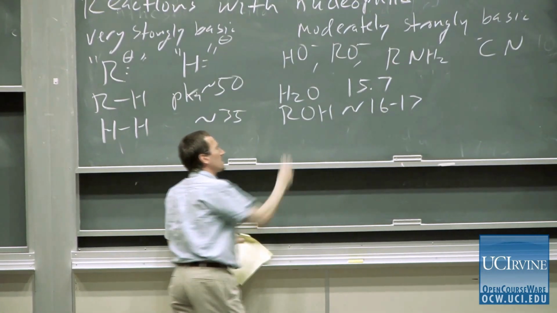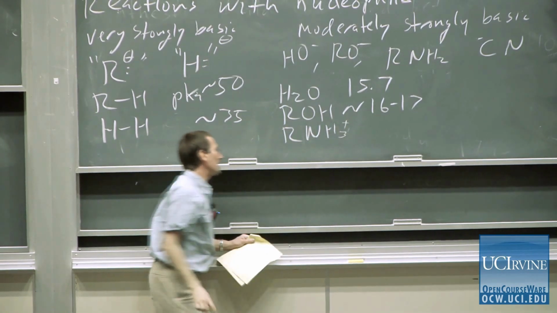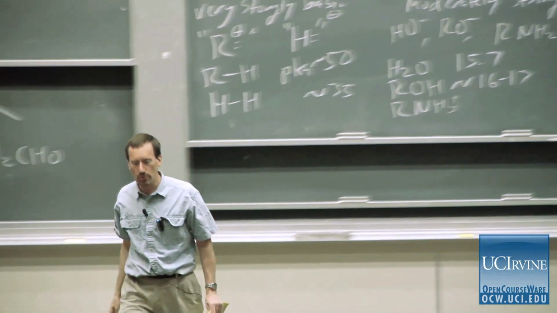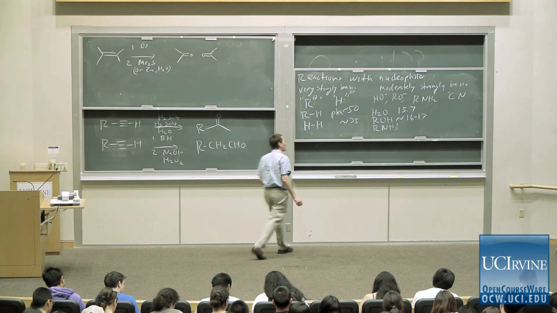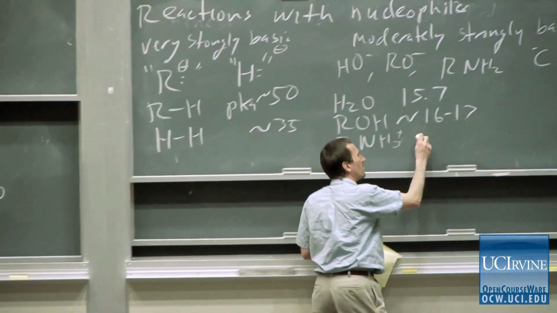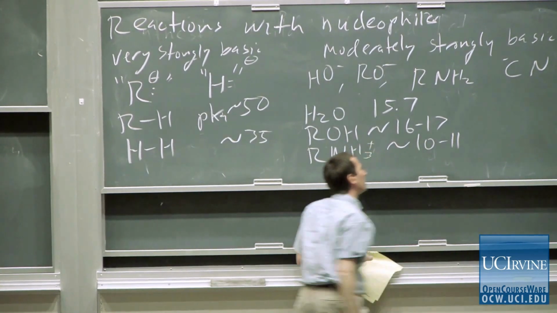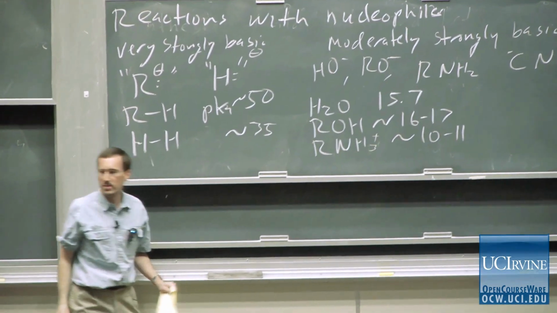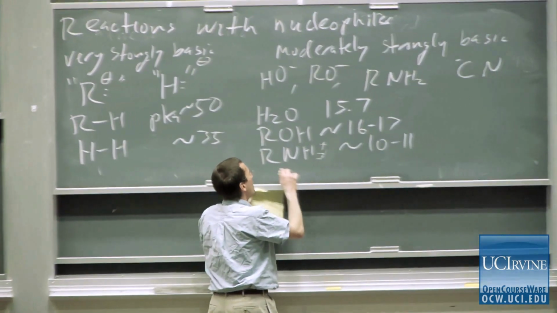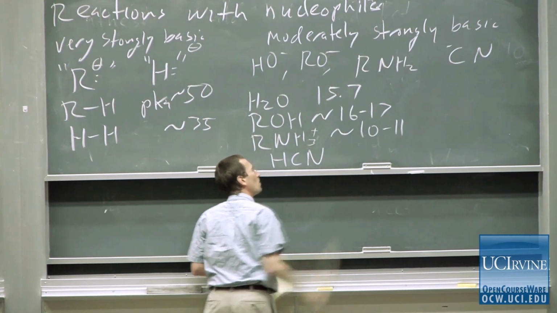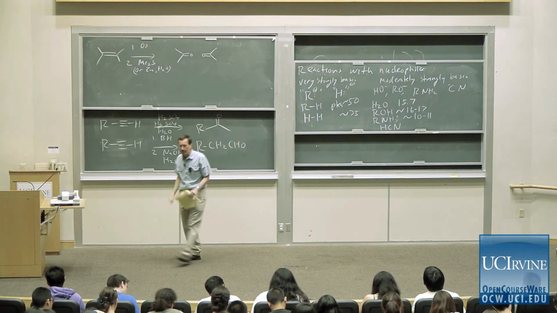The conjugate acid of amines is ammonium salts, RNH3+ for a primary amine, or R2NH2+ for a secondary amine. The pKa of a conjugate acid of an amine, of an ammonium ion, is on the order of 10 to 11, sometimes a little higher, sometimes a little lower, but that's a reasonable number. And the last one, hydrogen cyanide, is actually where we'll start our discussion of reactivity because it has a nice simple reactivity.